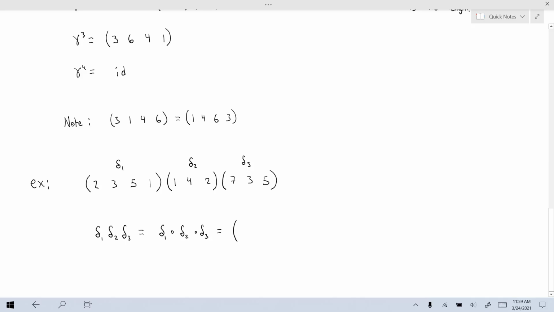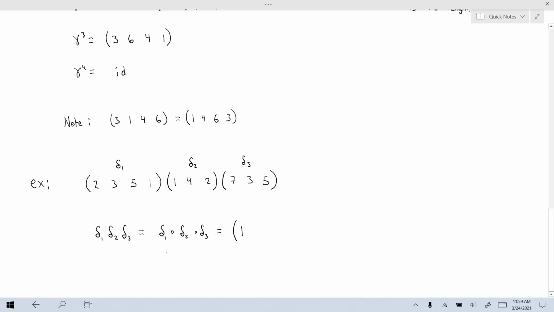I'm still working in S7, so let's pick any integer between 1 and 7. It doesn't matter which integer you choose, but it's natural to start with the number 1, so that's what I'm going to go with. I need to know what 1 is going to map to.